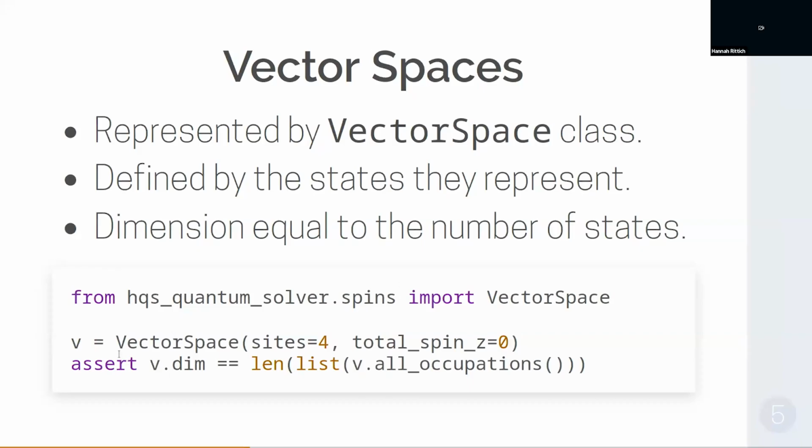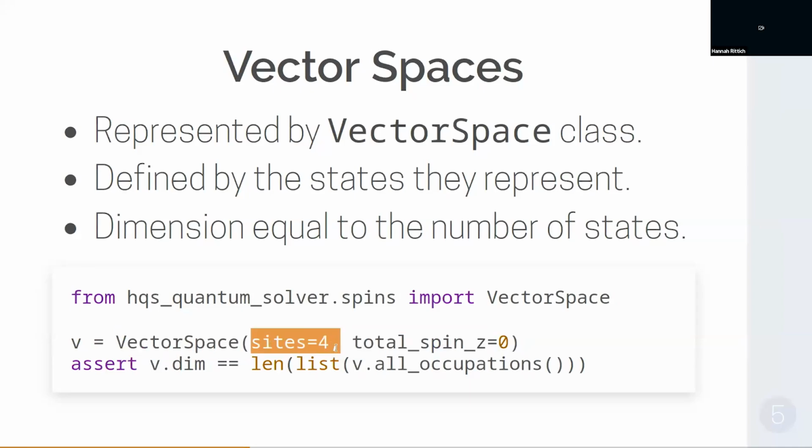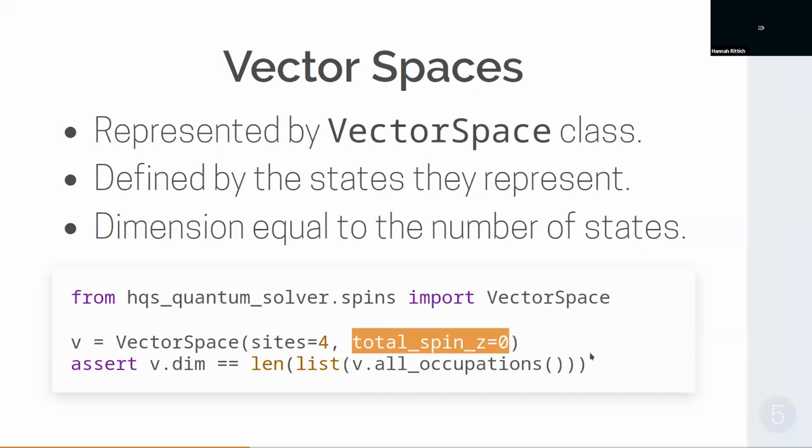Here, as an example, we're creating a vector space object, and we're providing the number of particles, which is the size attribute, and we specify the total spin z value, which means that the sum over all spins in the system in this case is 0.